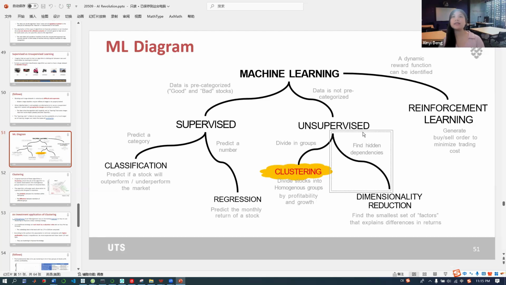Then for unsupervised learning, we also have so-called dimensionality reduction. Here you are trying to extract the most useful features. One specific example of such a dimensionality reduction algorithm is PCA, principal component analysis. If you are interested, you can look up PCA on the internet.